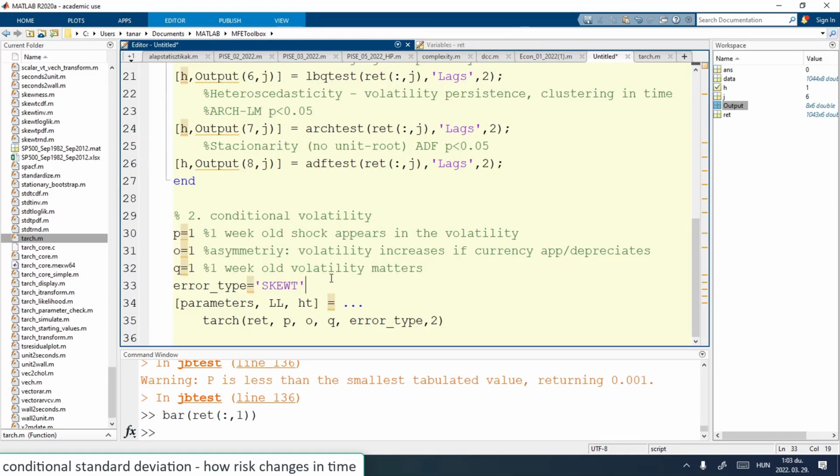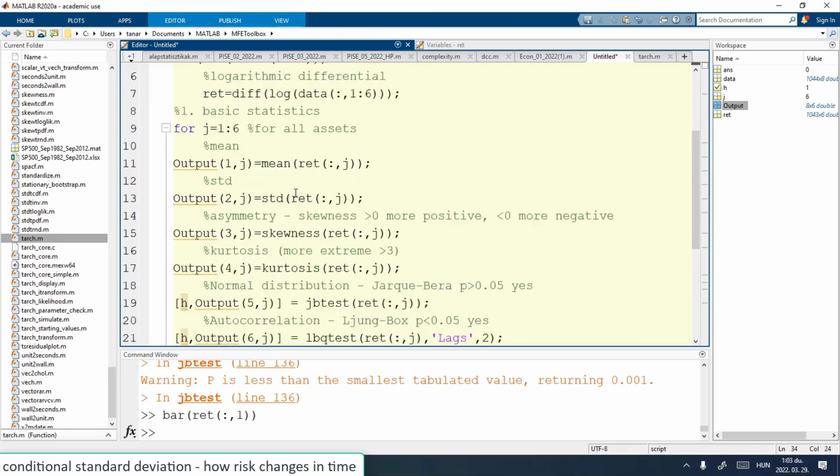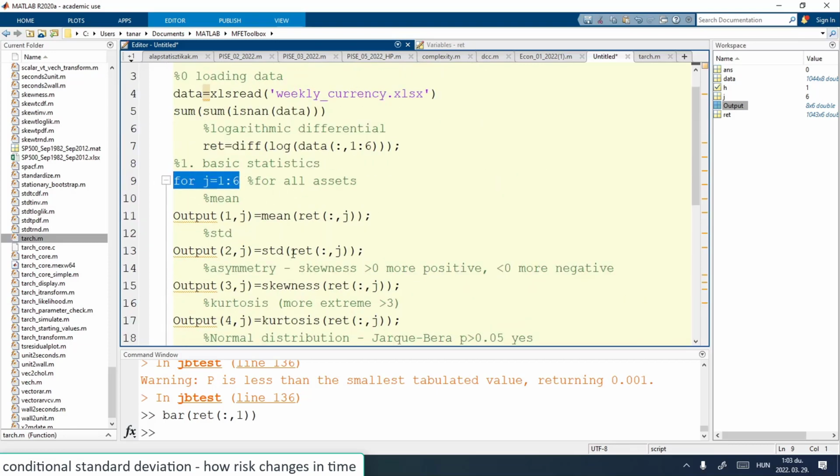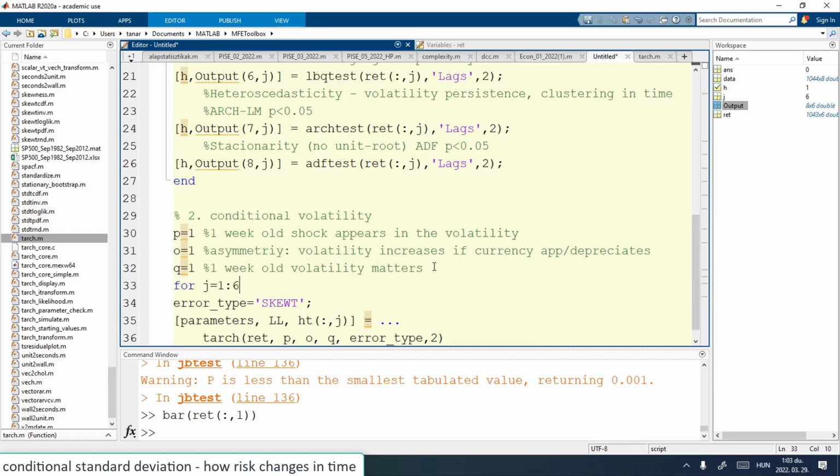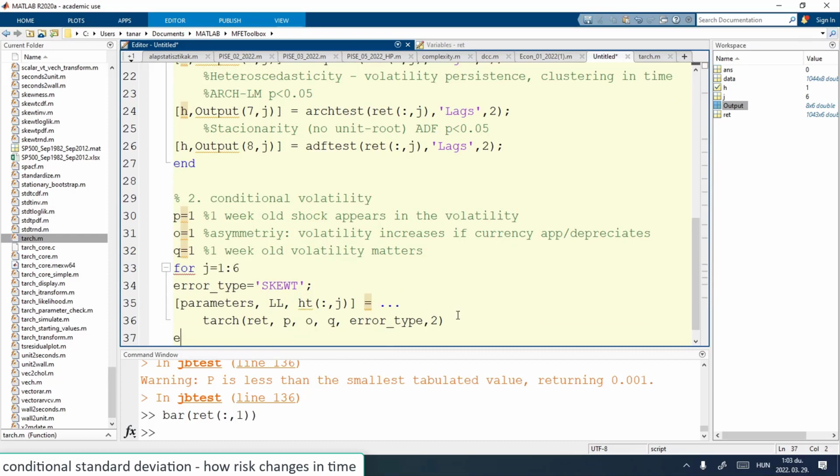So in this case, we are able to add all the anomalies coming from the data set, and we should also analyze or collect this data for each currency. So we are again building a for cycle. We will ask the script to run it from 1 till 6.